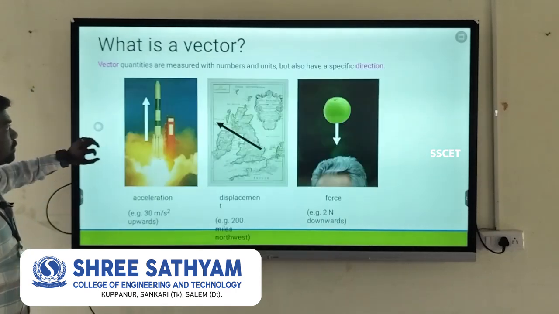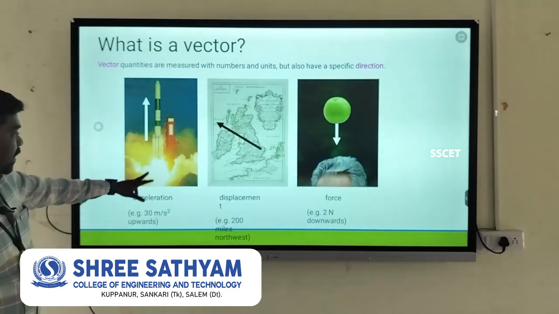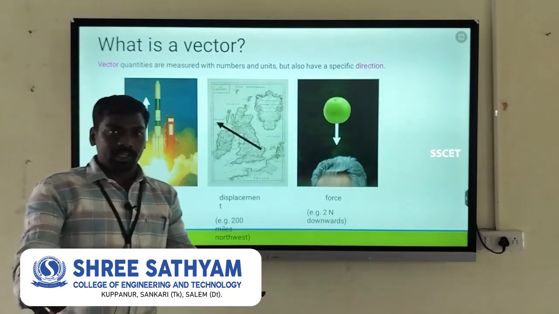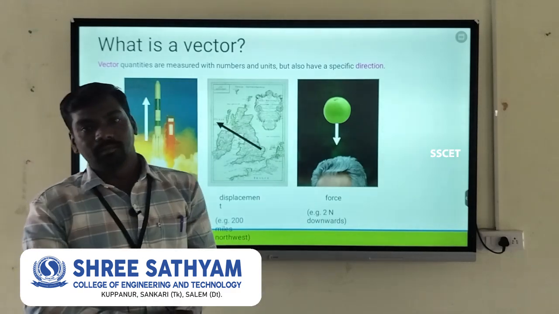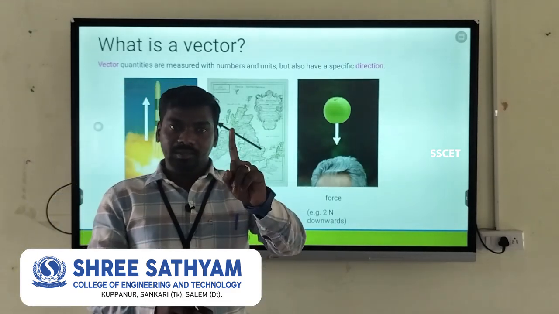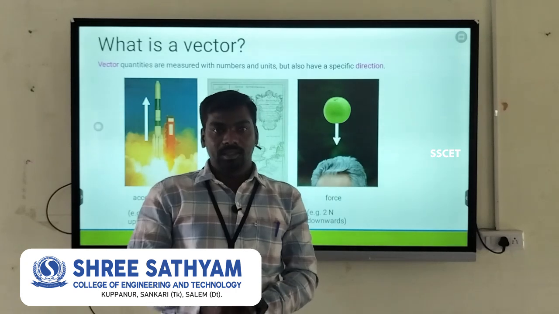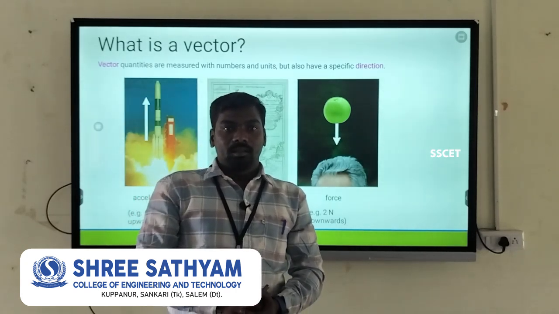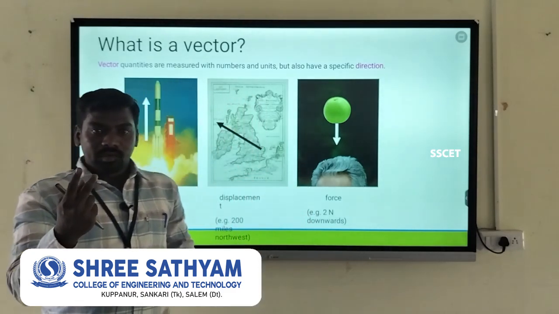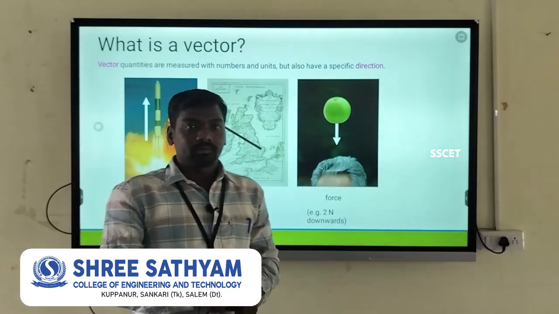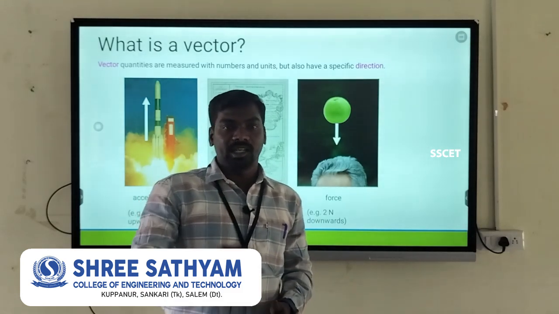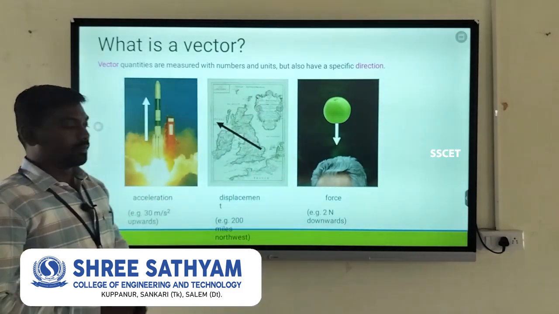For example, acceleration. What is acceleration? The ratio between velocity and time. Velocity is one scalar quantity, time is one scalar quantity, so we are using two scalar quantities. That is called a vector quantity.